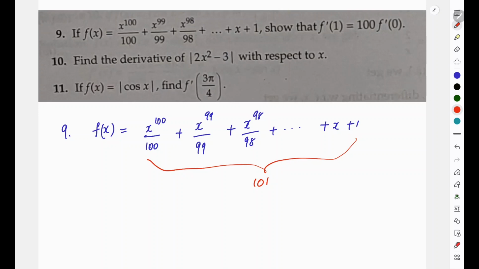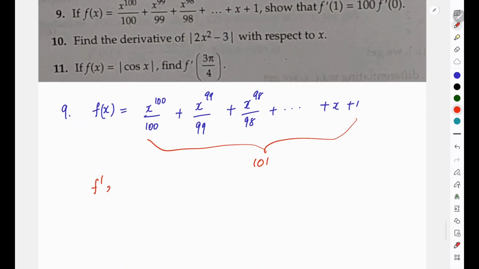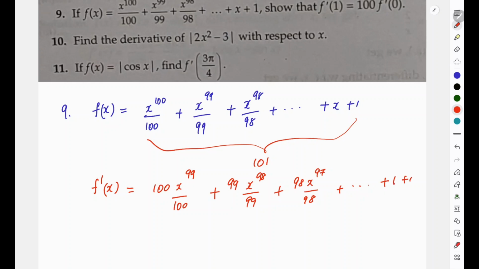Okay. Now just differentiate, f dash of x. So what do you get? 100 x power 99 by 100 plus 99 x power 98 by 99 plus 98 x power 97 by 98 plus so on plus 1 plus 0. 0 is for the differentiation of 1.